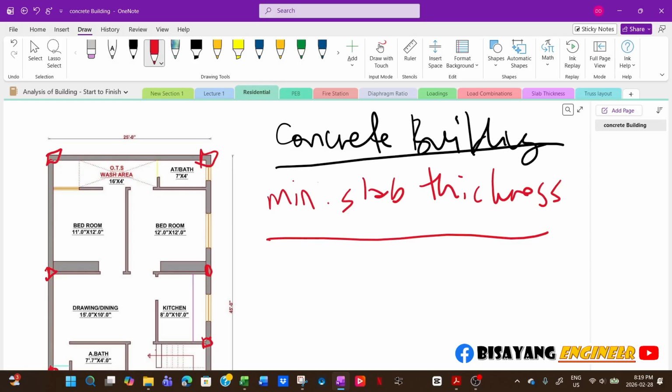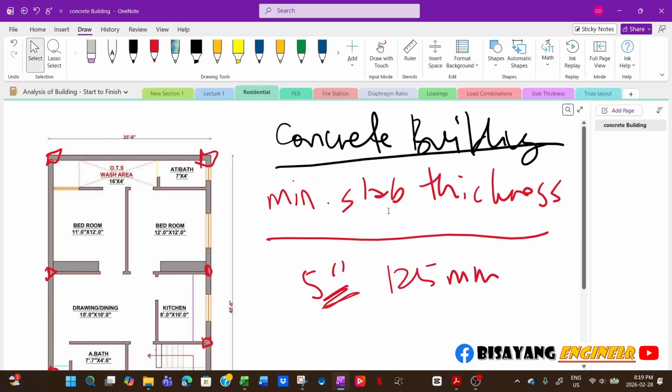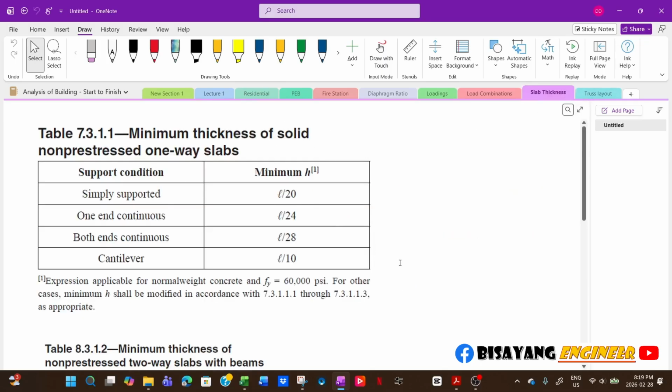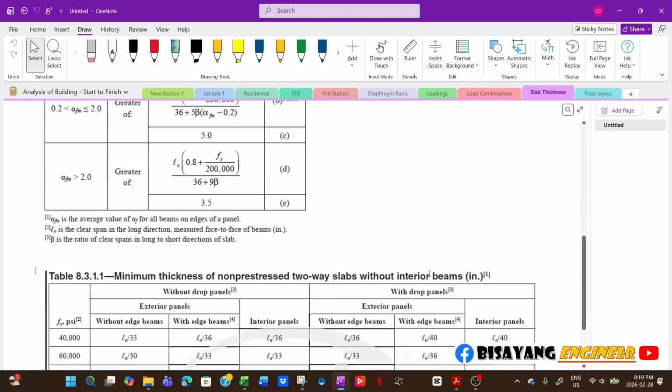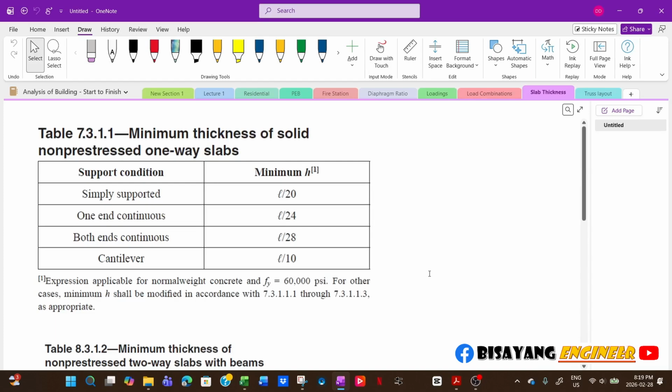If I remember correctly, the minimum is 5 inches, and whatever it is, because there will be calculations, it should not be less than 5 inches or 125 millimeters. Now, you have to refer to the code. So I have here a screenshot of the provision from ECI 318, and these are the different tables in calculating for the minimum thickness.